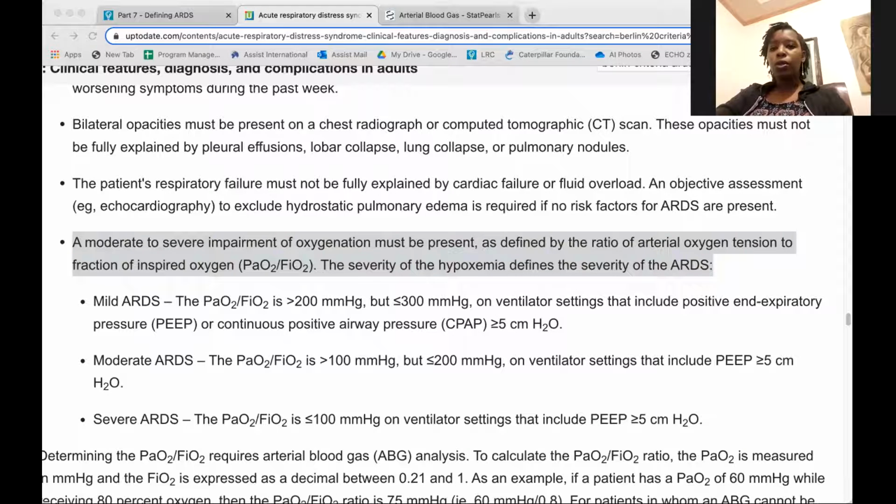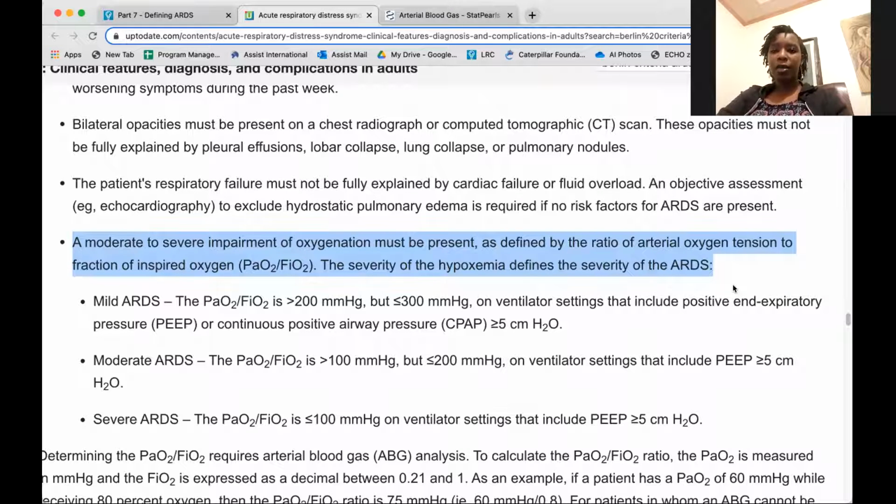So this will help us when we calculate this. We are going to determine the severity of the ARDS, and this will also determine maybe even the prognosis of the patient. So we do something called the partial pressure of oxygen to the FiO2.